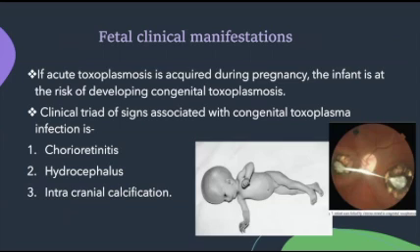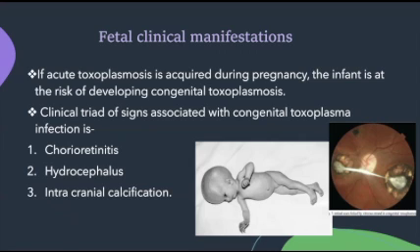And fetal clinical manifestation: if acute toxoplasmosis occurs during pregnancy, the infant is at risk of developing congenital toxoplasmosis. The clinical triad of signs associated with congenital toxoplasma infection is chorioretinitis, hydrocephalus, and intracranial calcification.